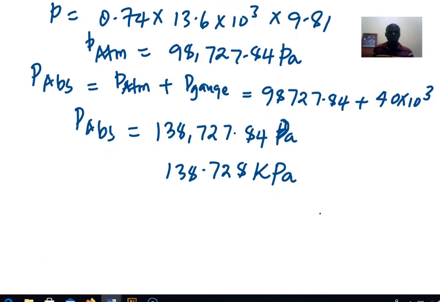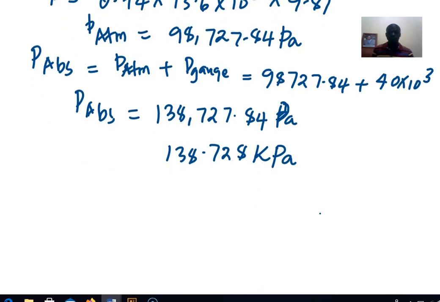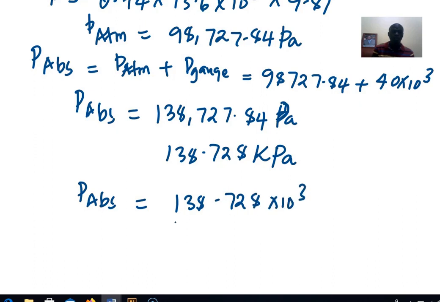So if we want it in bars, then we can just convert this figure into bars. So P absolute is equal to 138.728 times 10 power 3 over 1 times 10 power 5.